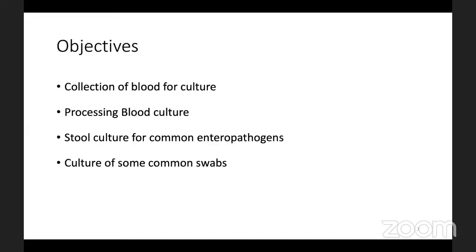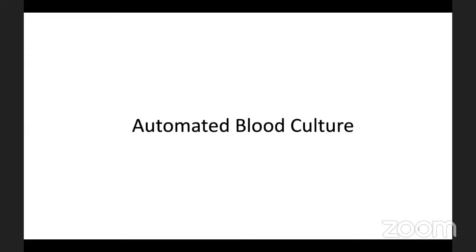The objectives are that at the close of this session, we should know how to collect blood culture properly for the test, how to process the blood culture itself, how to culture stool for enteropathogens, and how to culture the common swabs that we get in our laboratories. Yesterday we looked at the manual blood culture system, and today we are looking at the automated blood culture system.